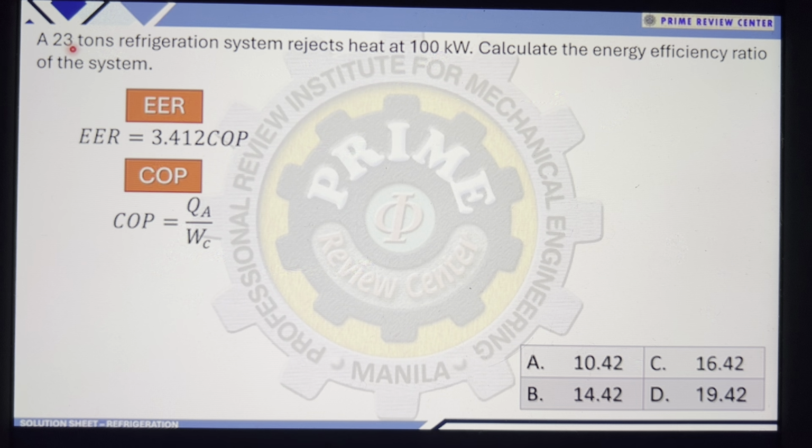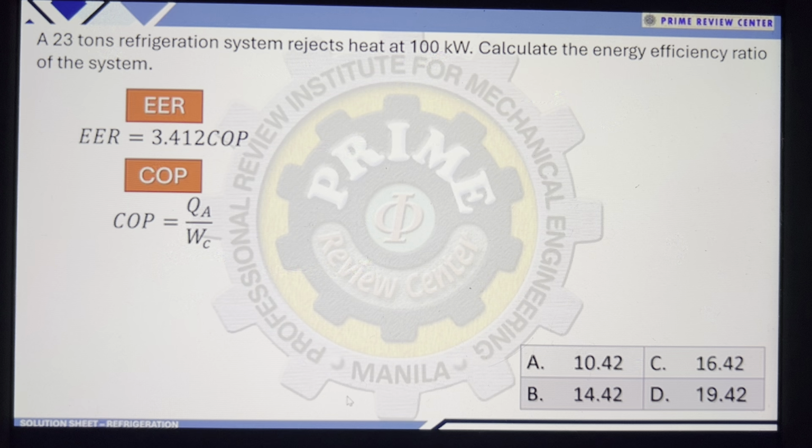Since binanggit naman tons of refrigeration, kung sinabing tons of refrigeration, that is heat added. However, yung work ng compressor hindi binigay. Instead, ang binigay, yung rejection ng heat ng ref system natin, which is at 100 kilowatts. So in other words, ang given sa atin dito ay QA tsaka QR, pero ang kailangan natin work ng compressor.